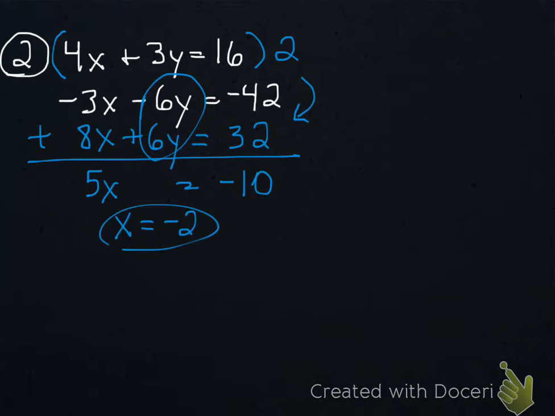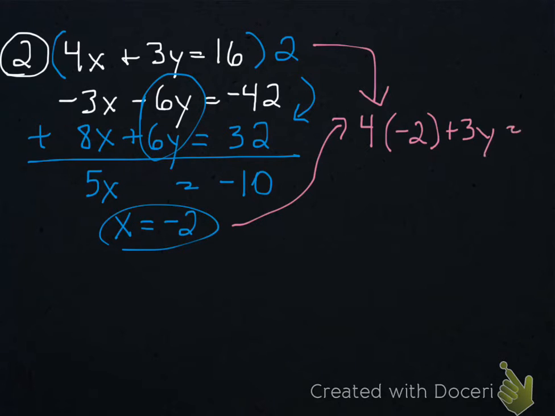Half the answer. Okay? Now we need to plug it in. Well, which equation do we want to use? Does it really matter? No. I'm just going to pick the top equation, plug in my x. So I have 4 times the -2 plus 3y equals 16. 4 times -2 is -8 plus 3y equals 16.